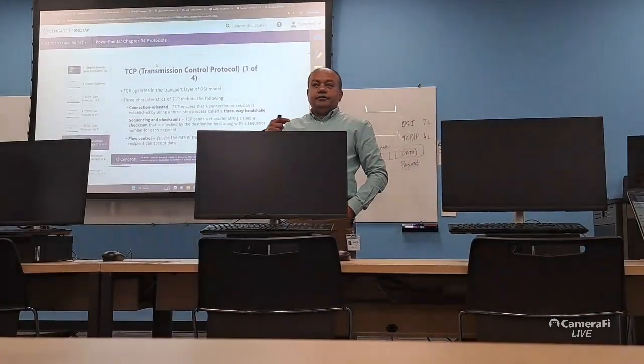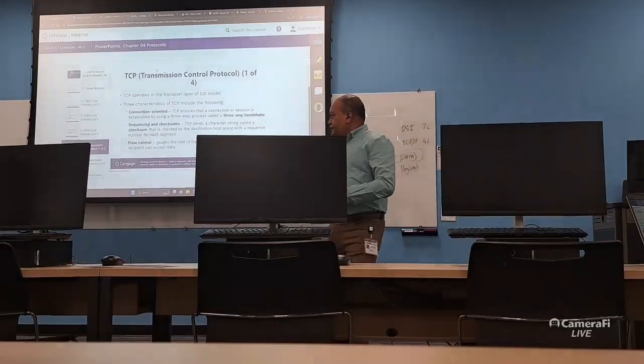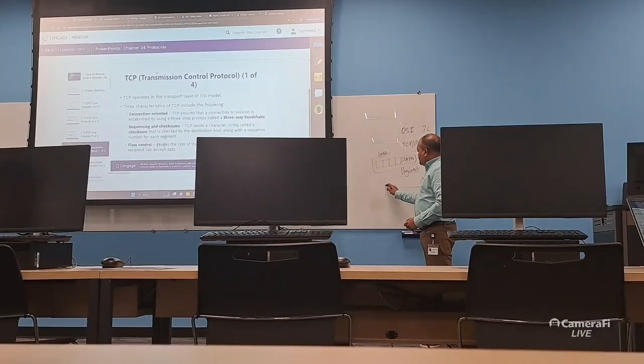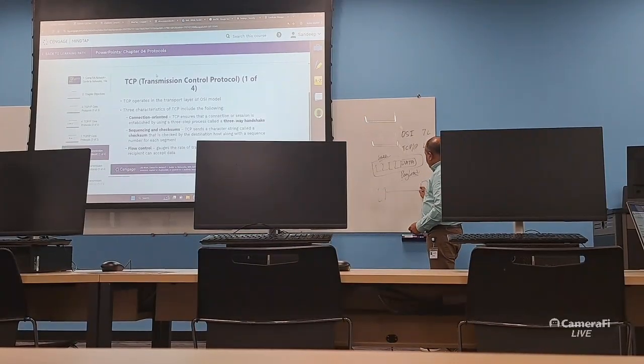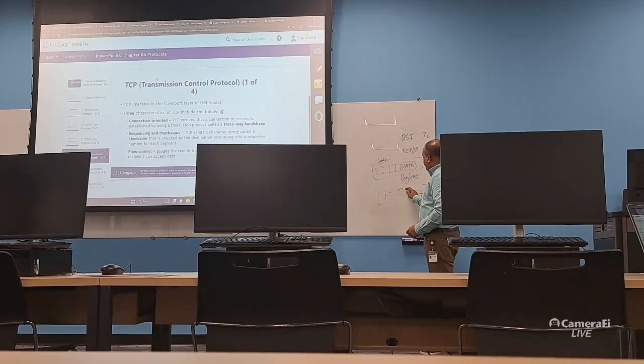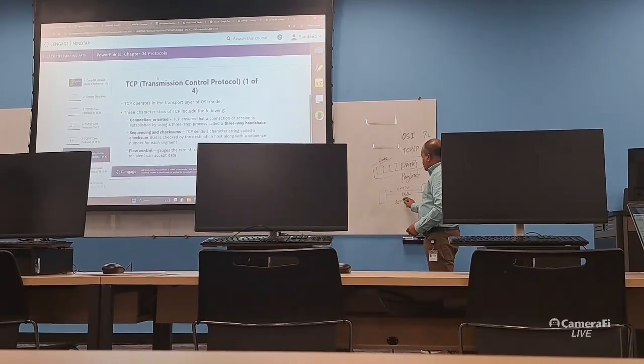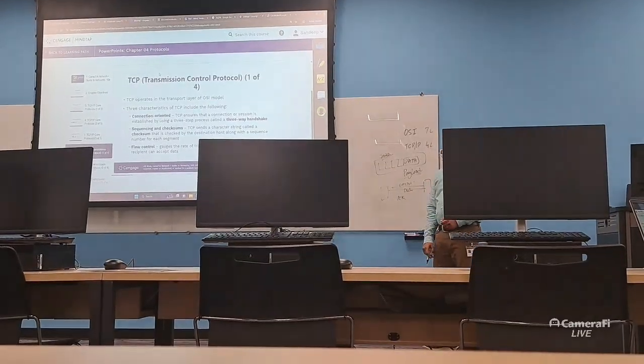Acknowledgement is a must. So every time data is sent from one server to another server, first of all there is a connection, then data, and then acknowledgement.